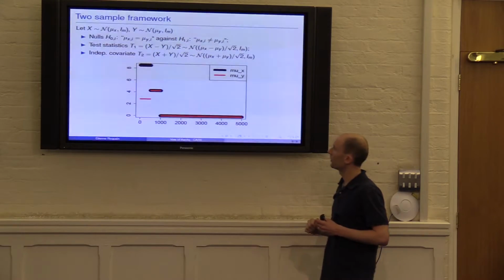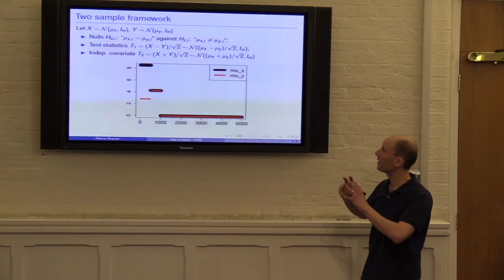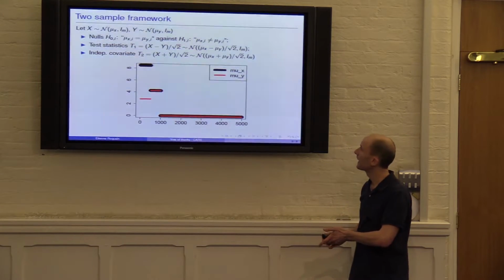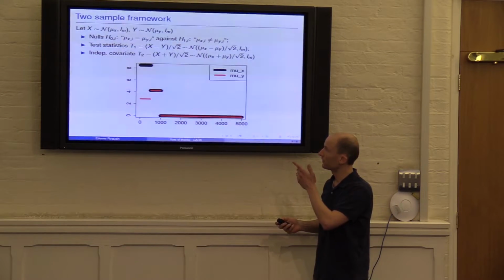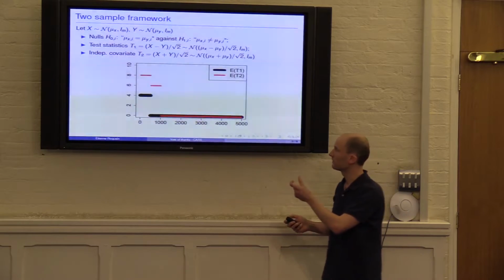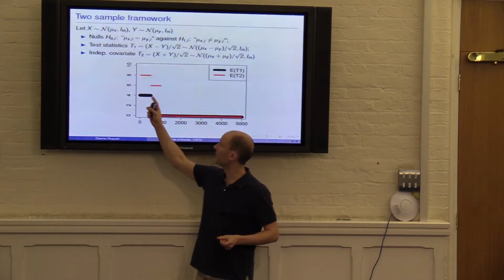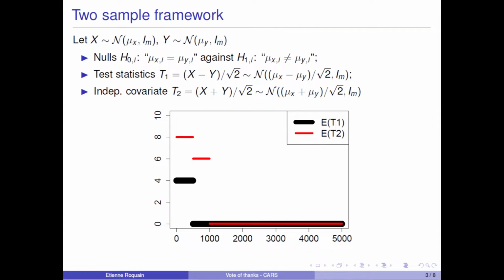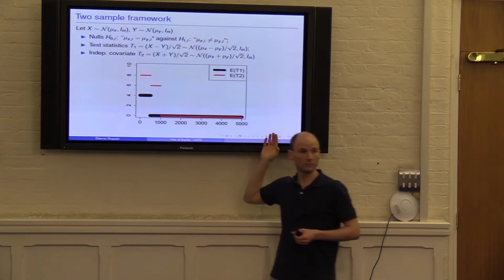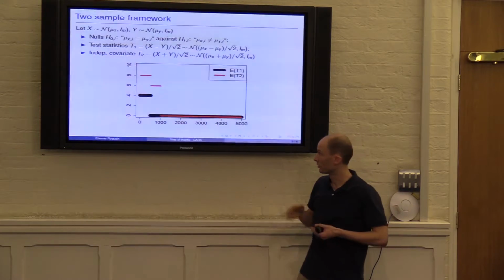Okay, so this is the typical setting where CARS can help us. If you now compute the expectation of T1, so if you take the difference and you take the expectation, you have the black mean here. So it's really the typical case where the test statistic has some non-zero expectation under the alternative, and under the null you have 0. Okay, and you want to use this test statistic as usual.